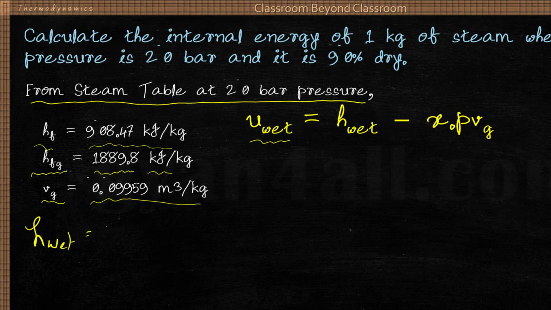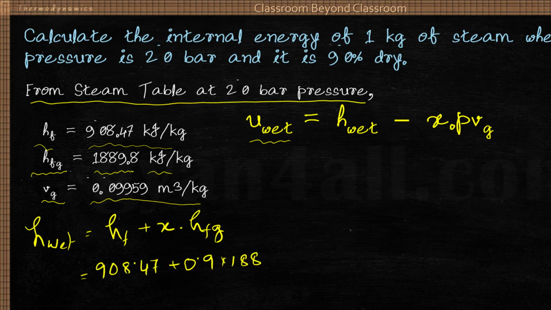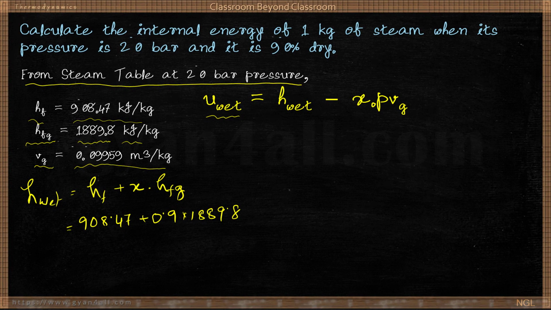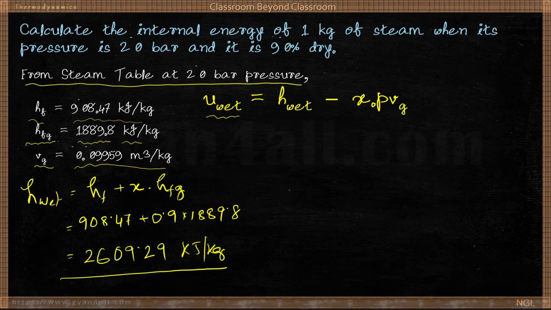Enthalpy of wet steam is equal to sensible heat plus dryness fraction into hfg, latent heat of vaporization. So enthalpy for wet steam is 2609.29 kilojoule per kg of steam.